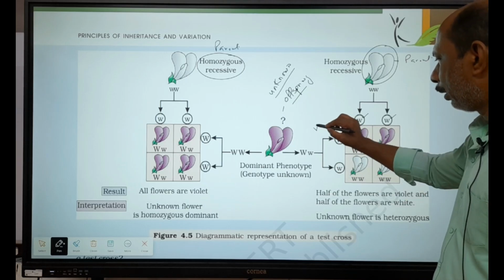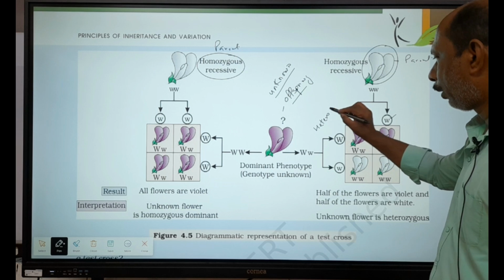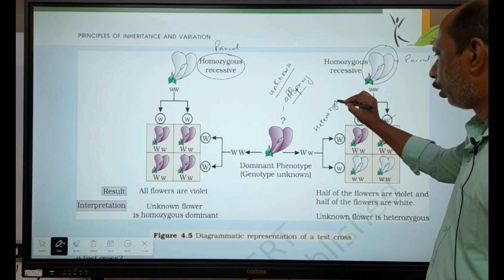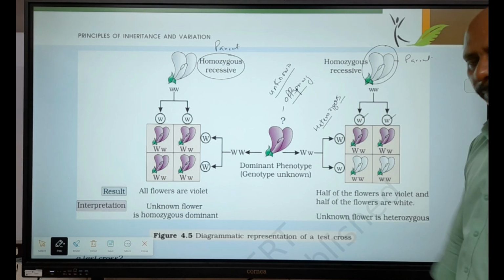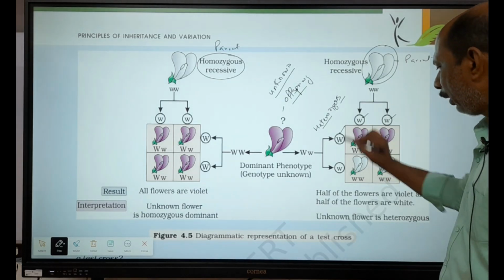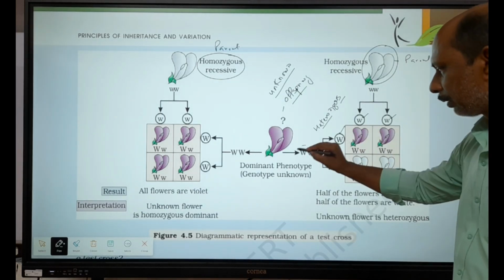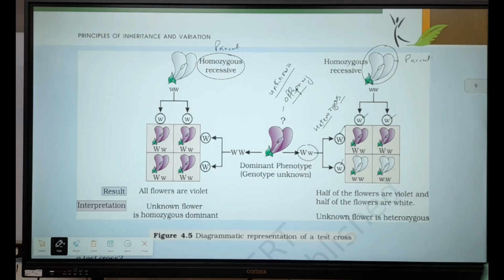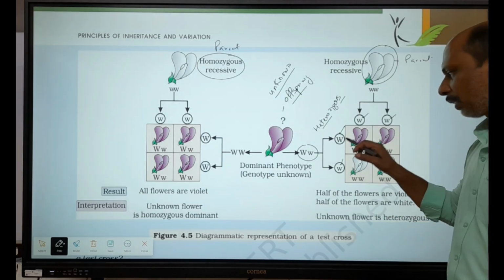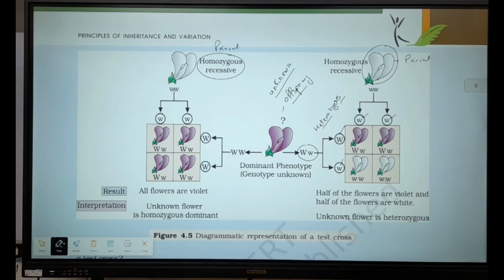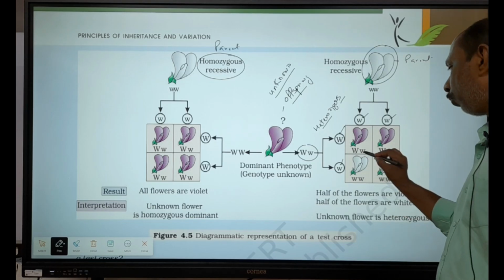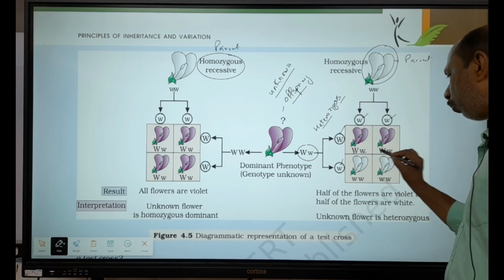Suppose that it is heterozygous, right? Then what happens? One capital and one small is given. That is the genotype. We have two types of gametes, one dominant and one recessive. Then what do we get? Capital W, capital W, capital W, small w, capital W, small w.